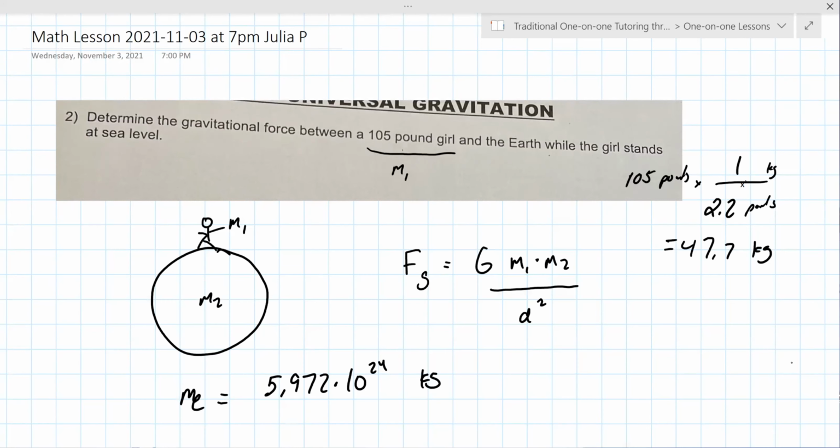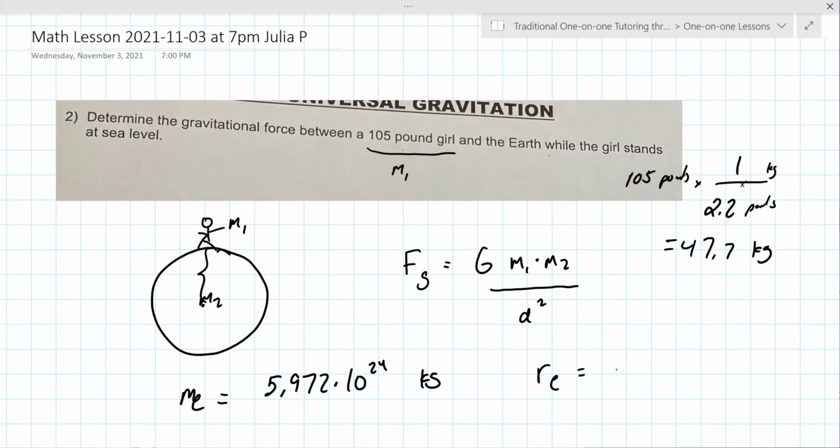So we need those two numbers. Now we need the distance to the center of the Earth. So you need the radius of the Earth. That is one of those numbers that you need to know. Either they give it to you, or you just have to have that.